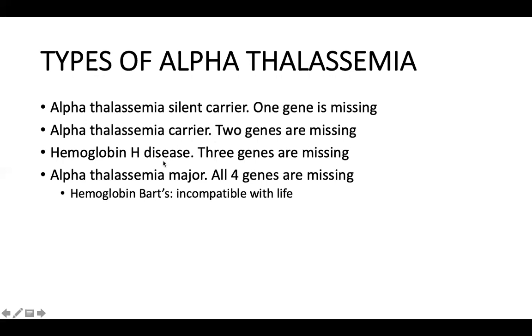Hemoglobin H is 3 genes missing, and alpha thalassemia major, all 4 genes are missing, and this is incompatible with life. It presents as what we call hemoglobin Bart's disease, and hemoglobin Bart's disease usually shows up somewhere in the mid-2nd trimester as fetal hydrops.